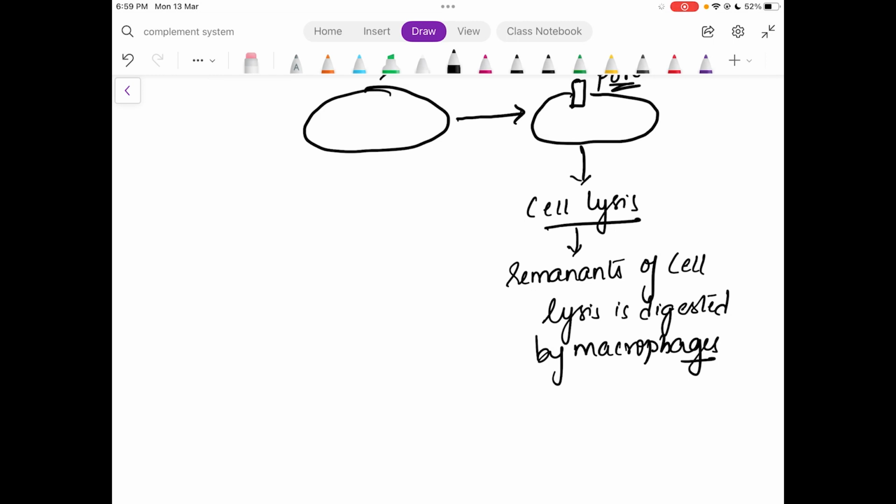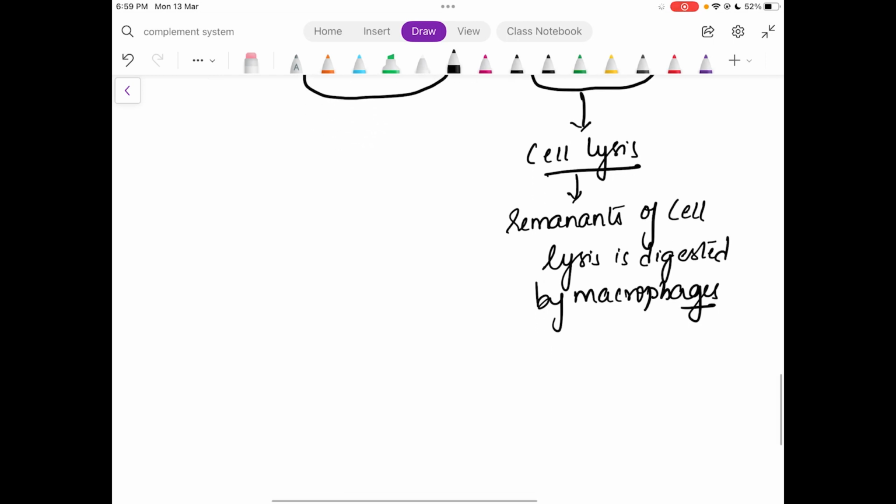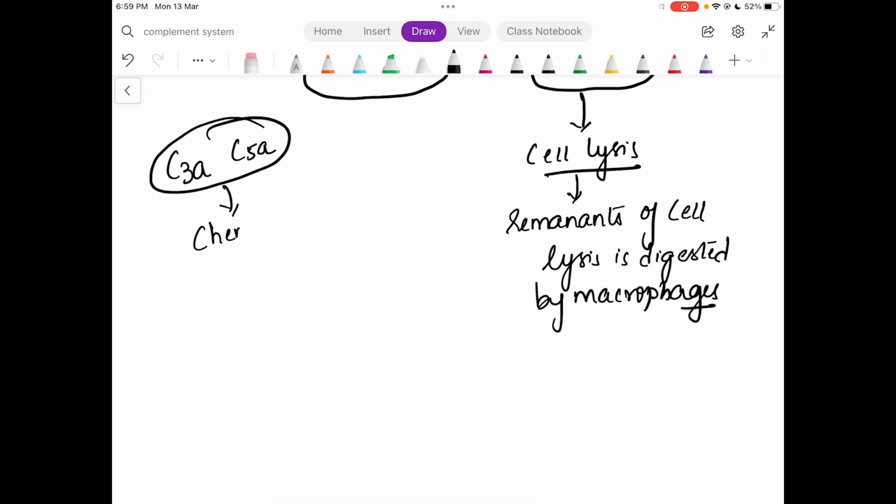Next, in this formation we have seen C3A and C5A. They will act as chemoattractants. So what is the function of these chemoattractants?